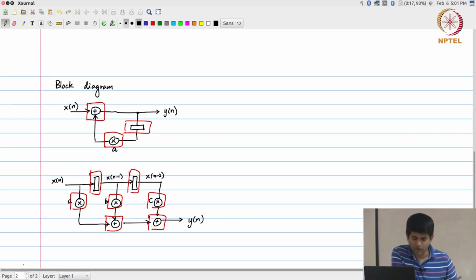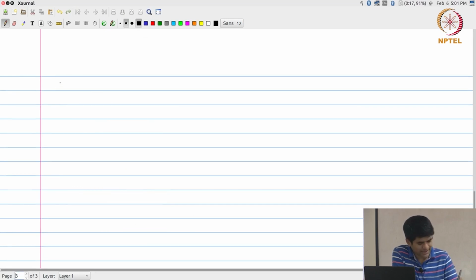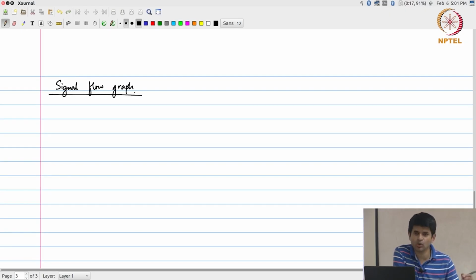Another variant of a block diagram is something that is called a signal flow graph. And this is something that is more specific to linear time invariant signal processing systems. Okay. Over here what we say is, I will have, for example, once again, if this is the y, okay.